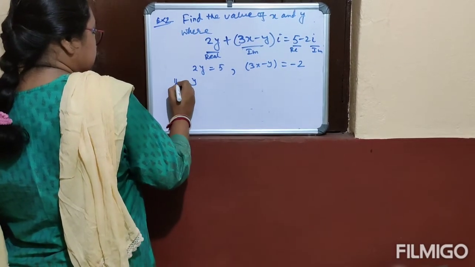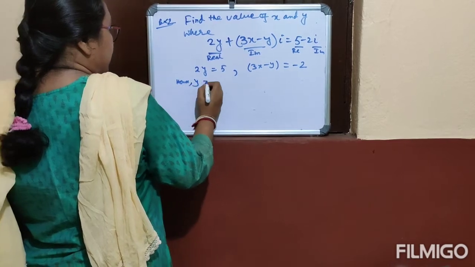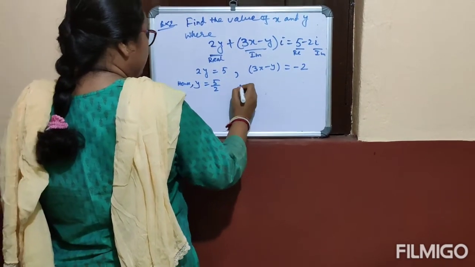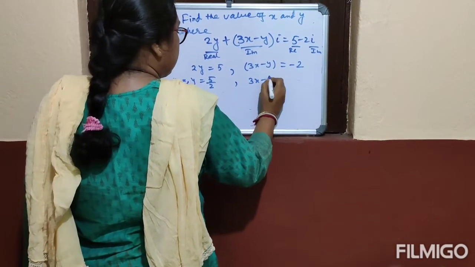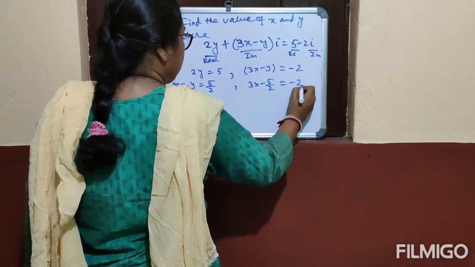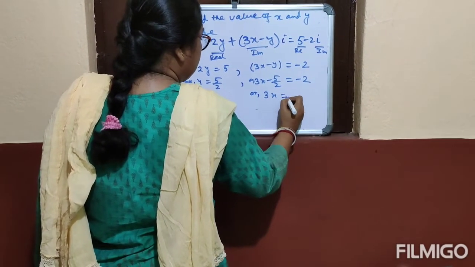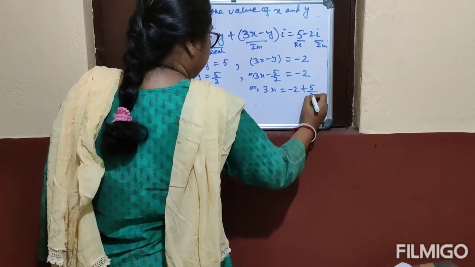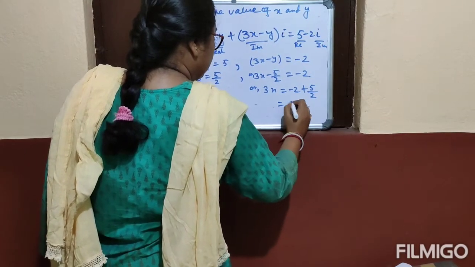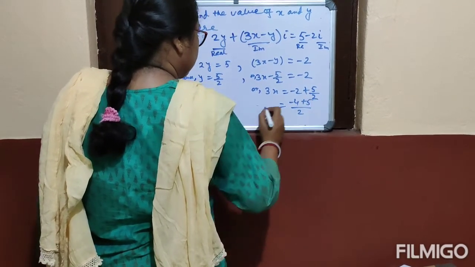Okay, hence y is equal to 5 by 2, or 3x minus 5 by 2 is equal to minus 2, or 3x is equal to minus 2 plus 5 by 2. This is equal to (minus 4 plus 5) by 2.